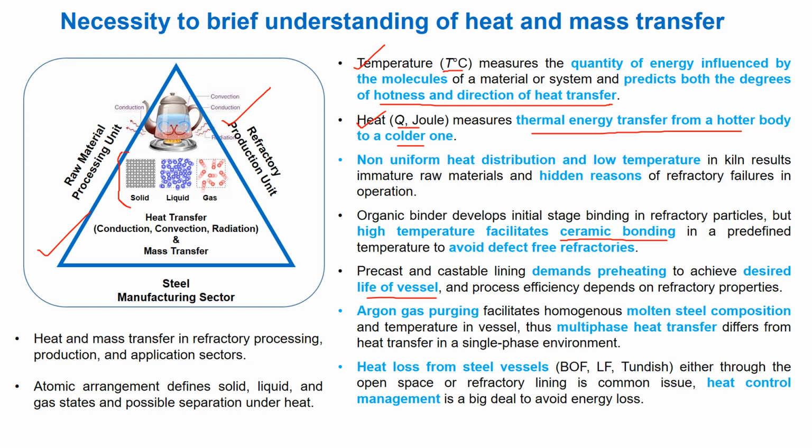So, while we are considering the heat and mass transfer phenomena, we can see each and every aspect starting from the raw material processing to application. We have to think of different levels of heat transfer, which strictly control the refractory performance.